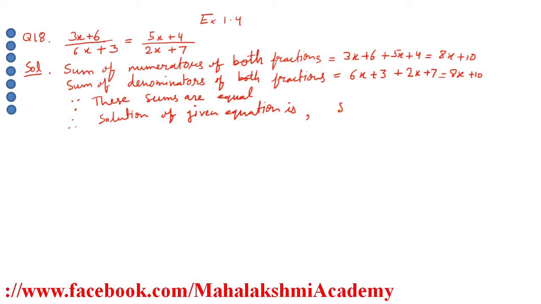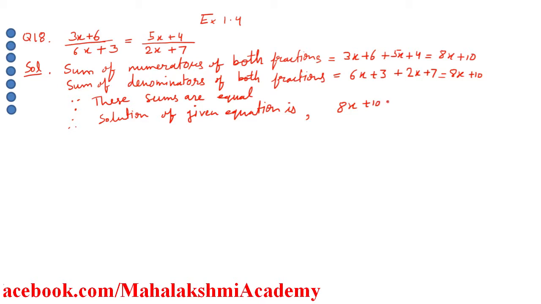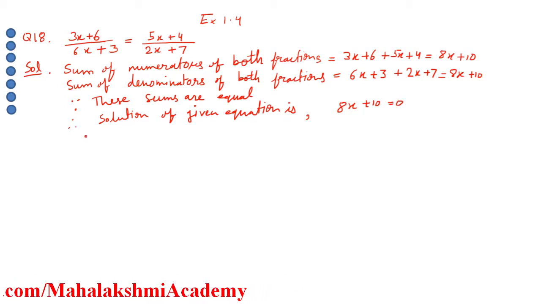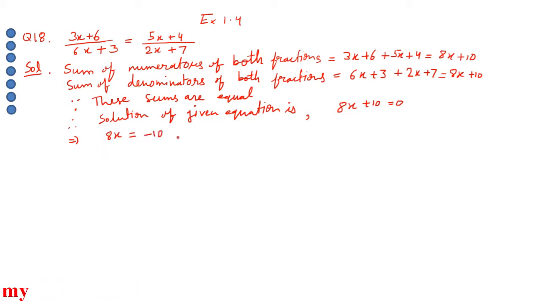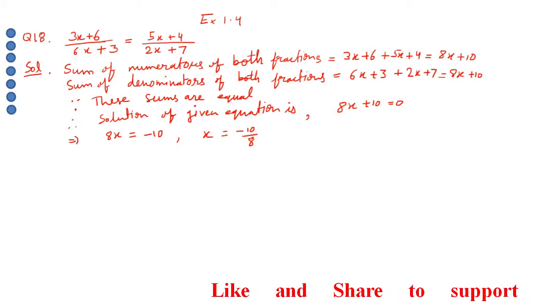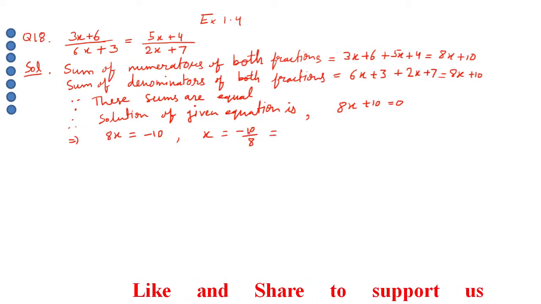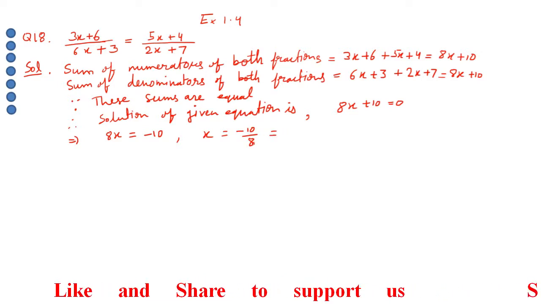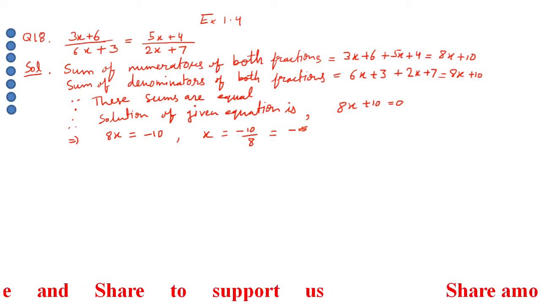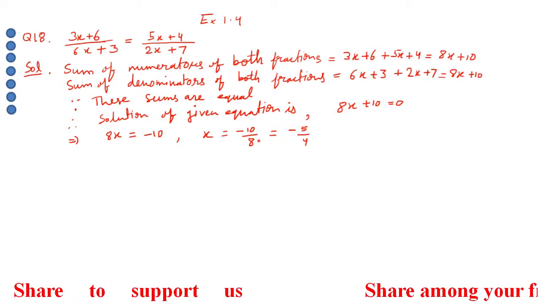What is the sum here? 8x plus 10 equal to 0. That will give us, we'll shift this 10 to the other side, so it is minus 10. Then we want x, so we'll shift this 8 also to this side. Since this 8 is multiplied with x, it will go in divide. So we'll obtain minus 10 upon 8. Now cancel it by 2. 2 fives are 10 and 2 fours are 8. So we'll obtain minus 5 upon 4. This is one value of x.